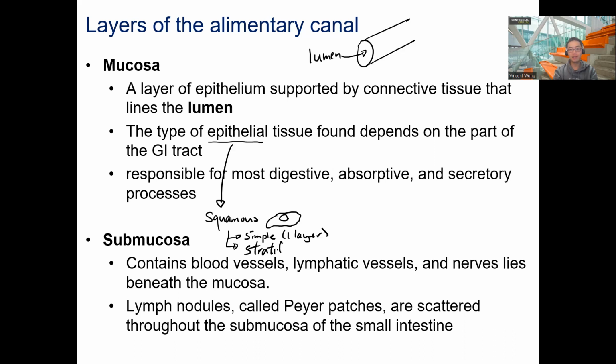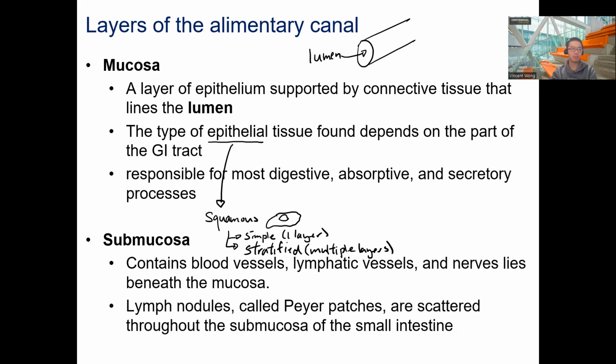Stratified means multiple layers, and these are good for protection. Like in the mouth, you would have stratified squamous, multiple layers, because we put all sorts of stuff in the mouth. Some are cold, some are hot, some are abrasive.